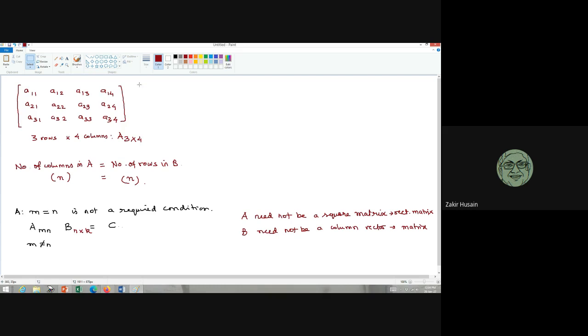So when I'm writing B, remember I have to multiply this. There are 4 elements over here. There has to be 4 elements over here in this column.